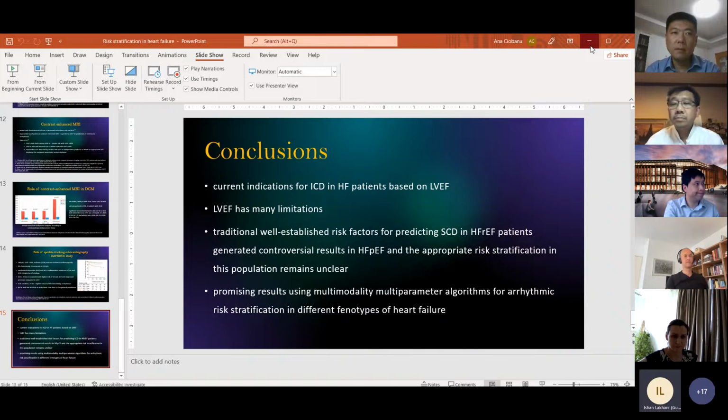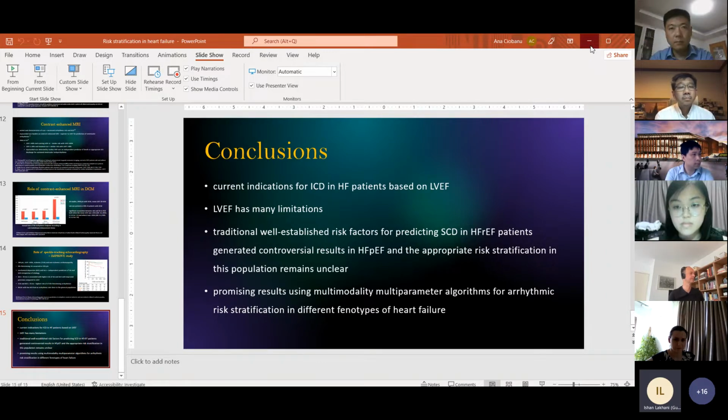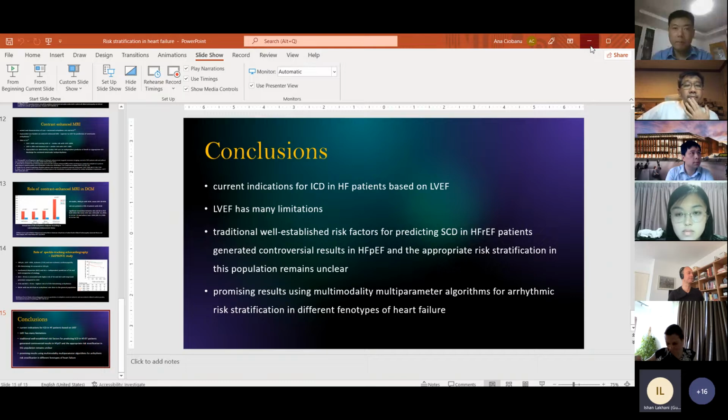So the parameters that we collected were a relatively limited set that were basically just computer generated. Unfortunately, we didn't have parameters such as the J-point elevation. But in terms of repolarization abnormalities, we hypothesized that because of the underlying electrophysiological disturbances, these can be reflected in the ECG.